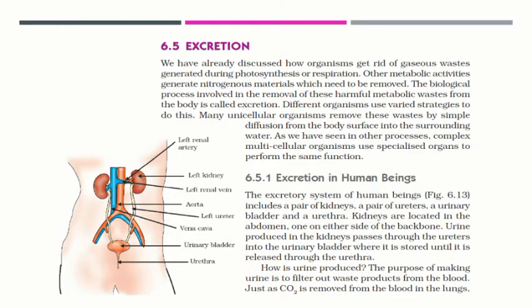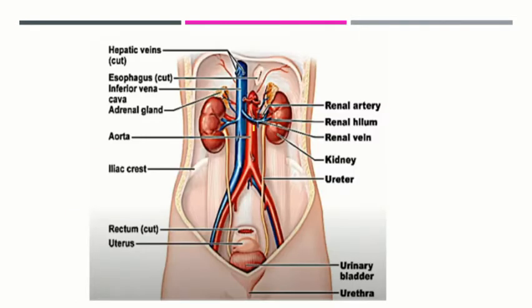Next, in this chapter we are going to learn about the excretory organs, the pair of kidneys. Now see, this is the pair of kidneys. This is the ventral side of the body, and you can see some slight differences in the position of the kidneys. This is the right kidney, and this is the left kidney.